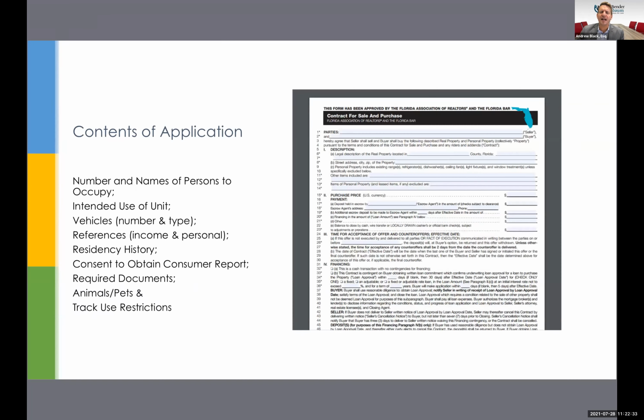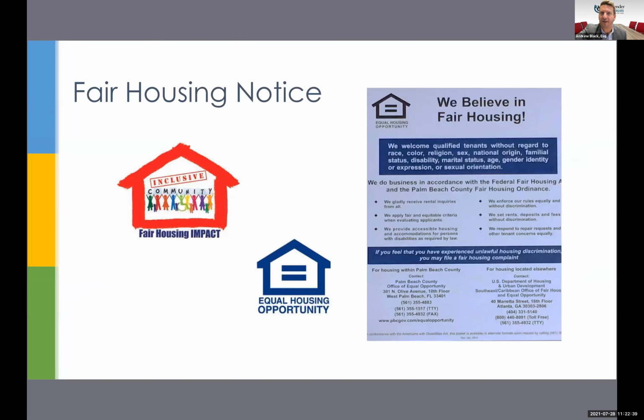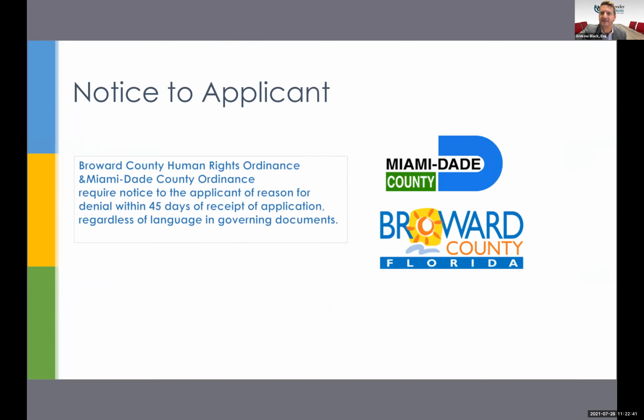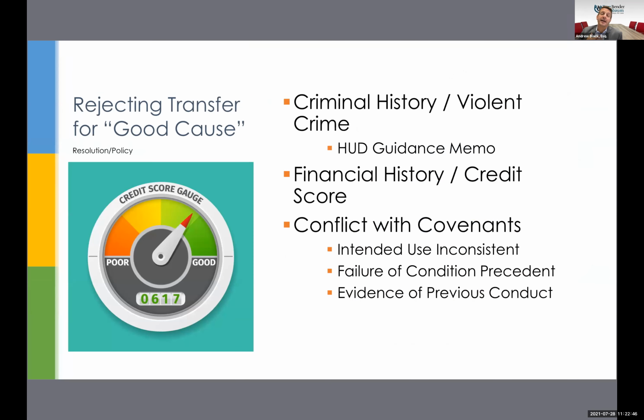I want to touch base because we get a lot of questions about this, and I think it's worthwhile to spend some time here. I would say one of the most common questions we get in the screening process, because we started off with, do your documents have the authority?